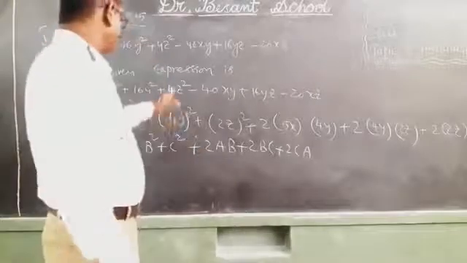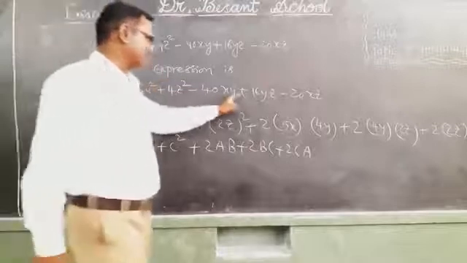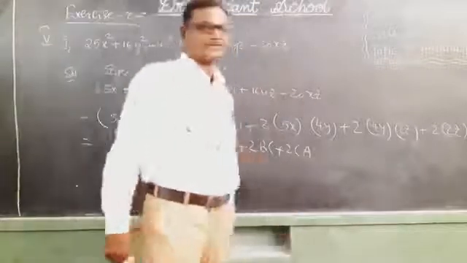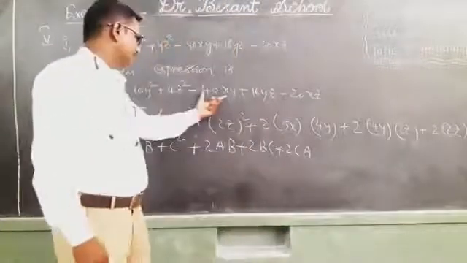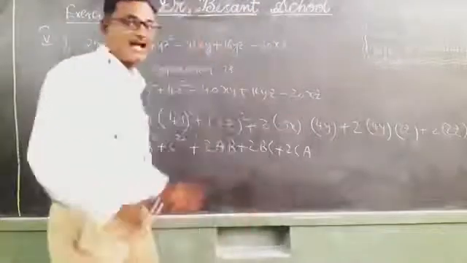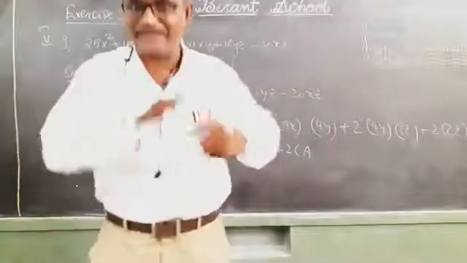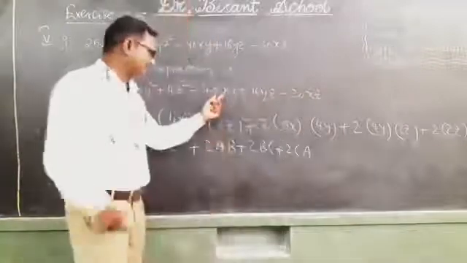Observe: 25x square plus 16y square plus 4z square minus 40xy plus 16yz minus 20xz. Identify the negative terms: minus 40xy and minus 20xz. After identifying the negative terms, identify the common variable in them. X is the common variable.